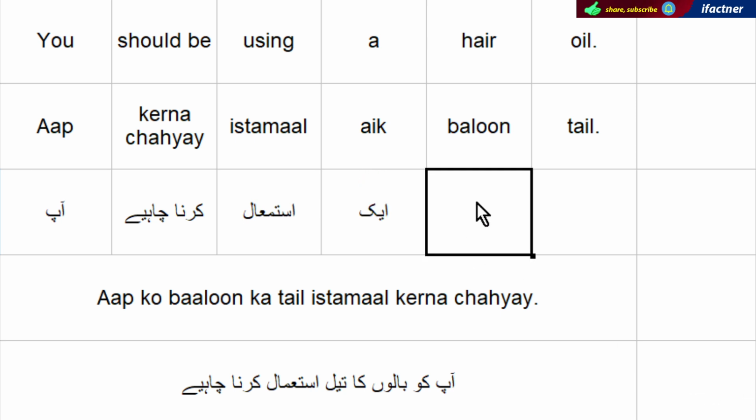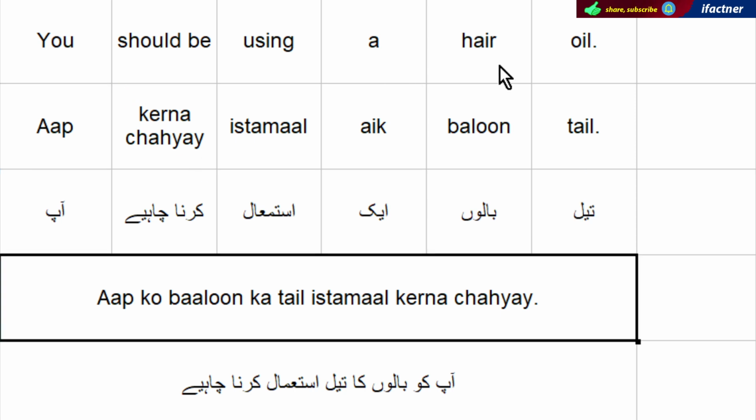Here means bal, and here we will use balon, which is written as be alif lam waw and nunna. Tel is oil. We write tel as te ye lam, tel. So you should be using a hair oil becomes आपको बालों का तेल इस्तेमाल करना चाहिए.